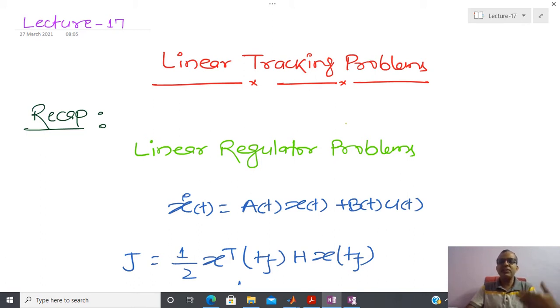Since the desired point might be anything, you can also take the desired point as the origin. Still, whatever result I am going to discuss in today's class is valid. So let us first recap the problem of the previous class, and after that we are going to design the optimal control for the tracking problem.